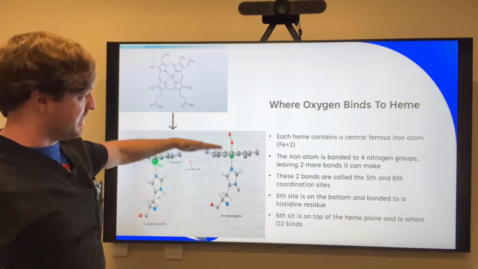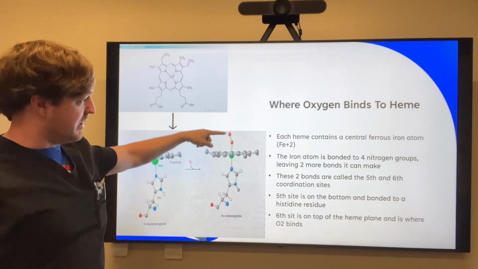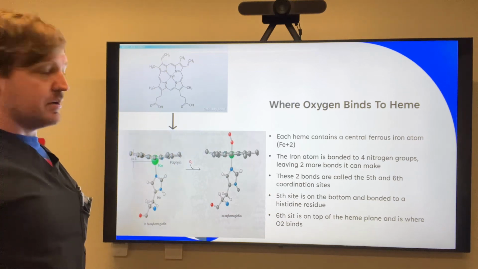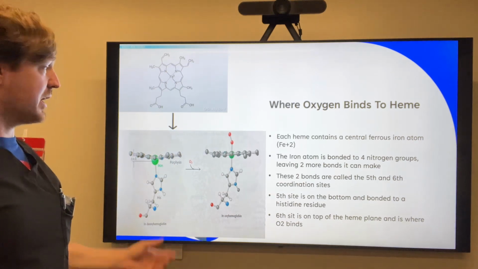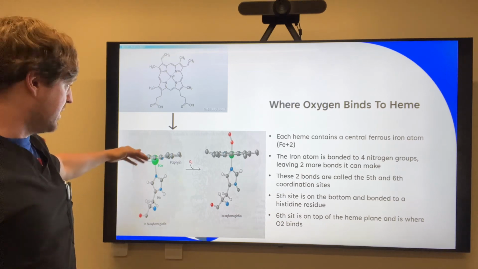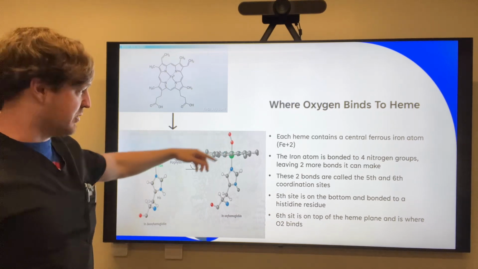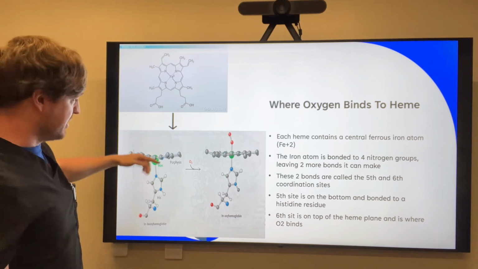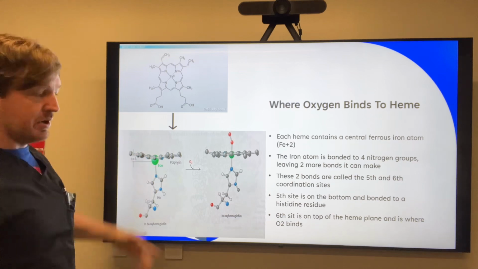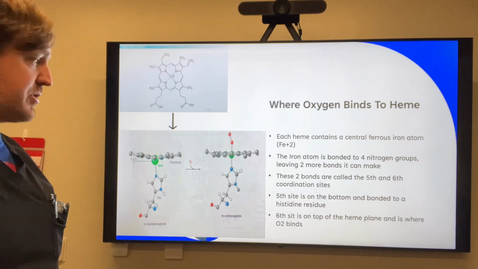So keep in mind this is like this, and this is where the O2 binds to the top of the iron. And you can see right here how it changes the form a little bit. As it binds, it pulls this up. So it pulls that iron up into the plane a little bit more, the heme plane as it's called.